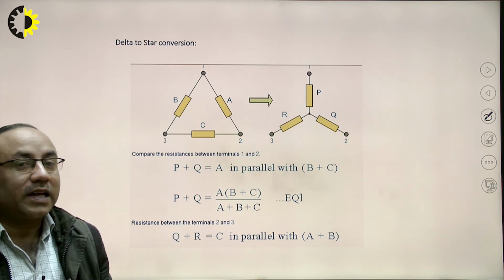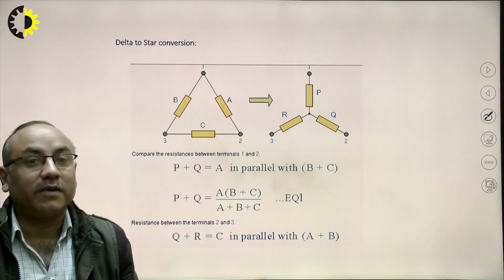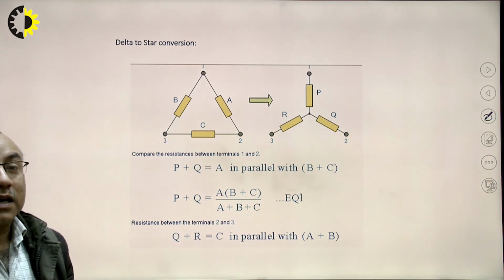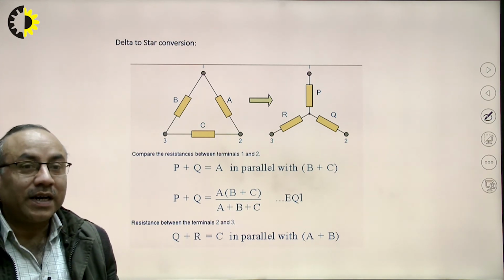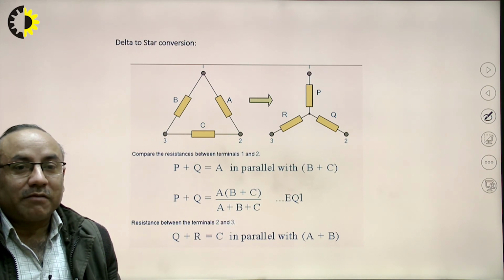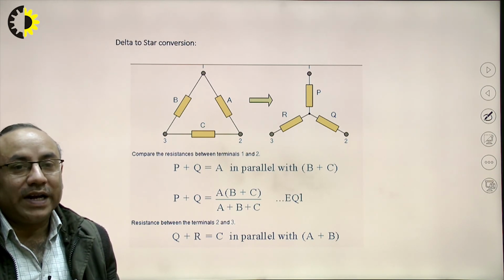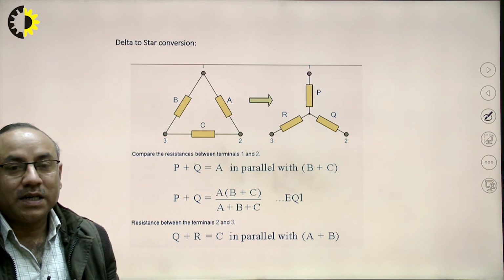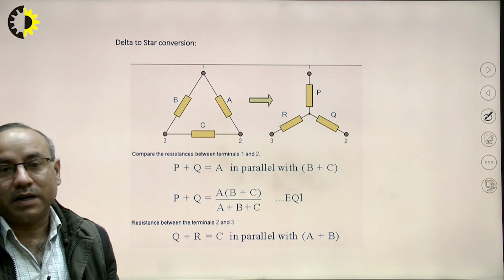So, we can write P plus Q equal to the parallel equivalent of A and B plus C from the delta. As per the formula, P plus Q equals A into B plus C divided by A plus B plus C. Suppose this becomes equation number 1.